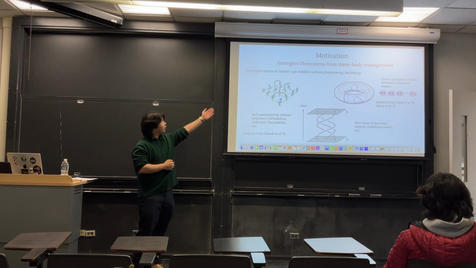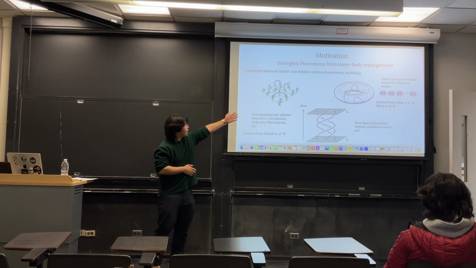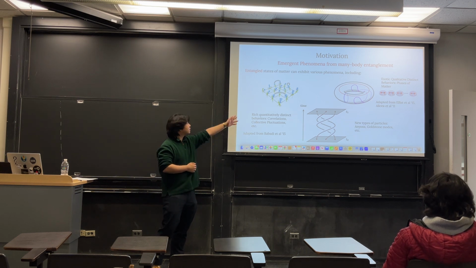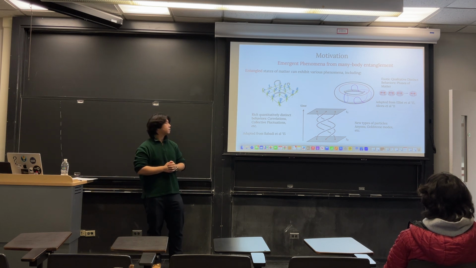So you can have entangled states of matter, and they exhibit all these various types of phenomena. In this case, you have spin-half degrees of freedom on each of the sites of the lattice, and they can lead to correlations and collective fluctuations.